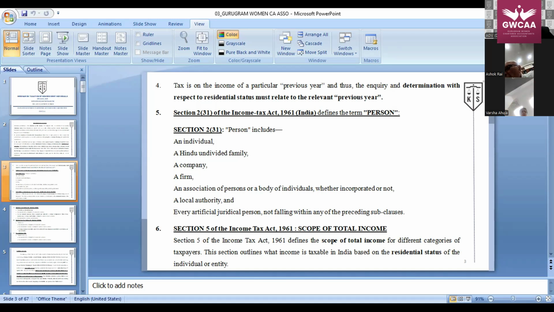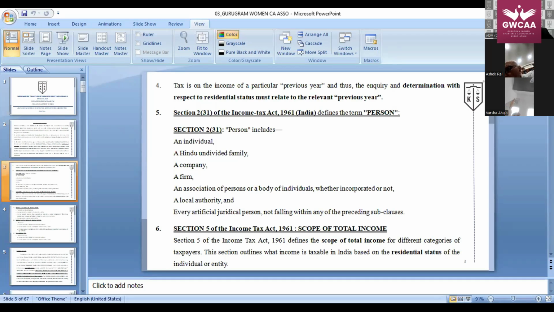And the other person is who leaves India for the purpose of employment. So if a person is going to a foreign country for taking up a job, and the purpose of employment includes self-employment, meaning if a person is going for taking up a job or for starting a business or profession, in all these cases, the 60 days criteria will be relaxed to 182 days.